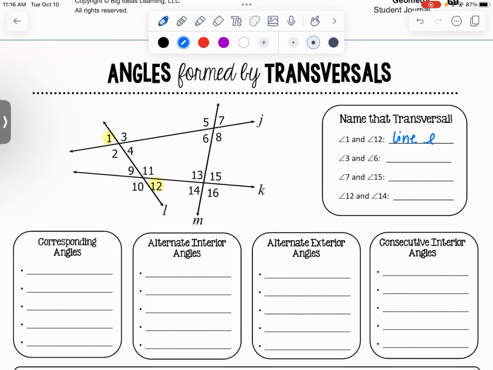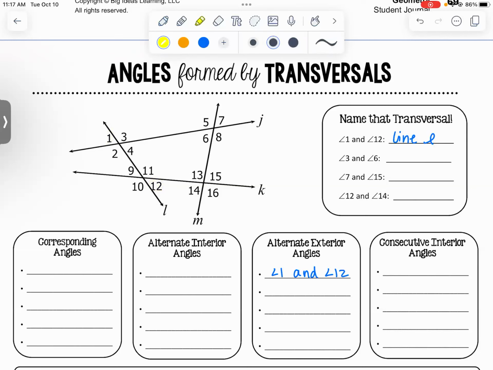Line L creates both of those angles. Line L is going through the 2 different lines. Now let's talk about what kind of relationship that is. So 1 and 12. I'm going to go to alternate exterior angles and I'm going to write angle 1 and angle 12. There we go. We have a pair.